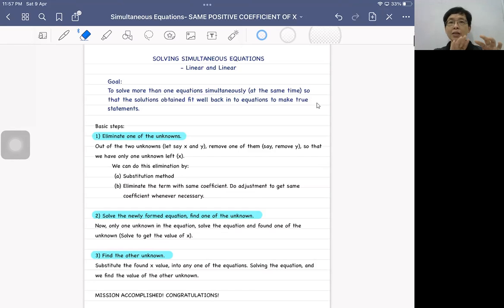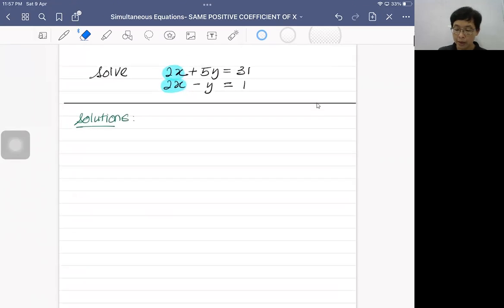Whichever one does not matter, because either way it will give you the true value of the other unknown. And towards the end, you will celebrate your mission accomplished, and great congratulations to you for the full marks. Let's go on. I will take you step by step.